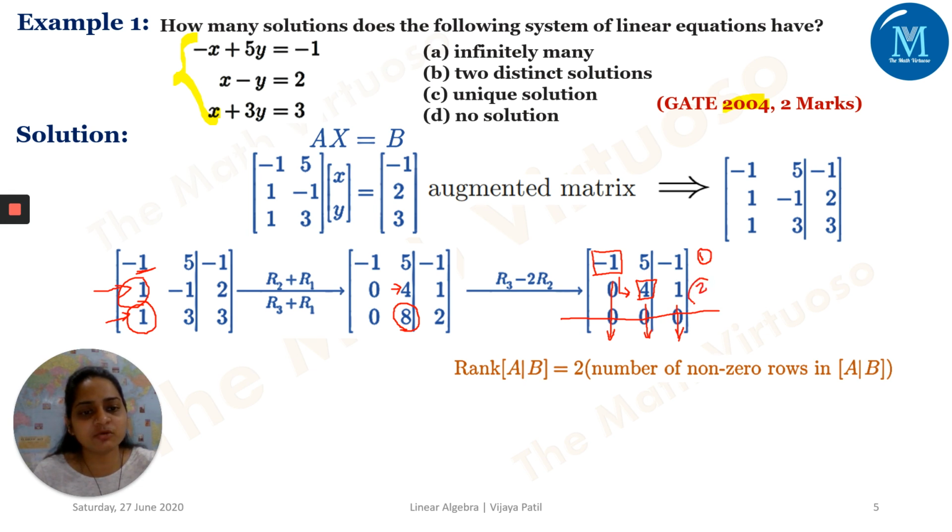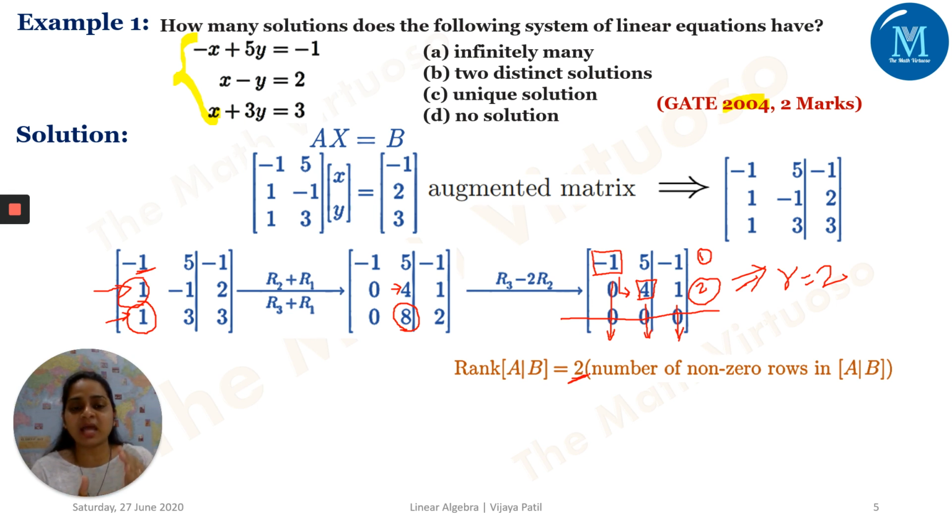This is the second row, which is non-zero. This implies the rank r of the A, B matrix is equal to 2. Either you can find it using the echelon form, or you can go ahead with the traditional method of minors of order 2 cross 2 or 3 cross 3.